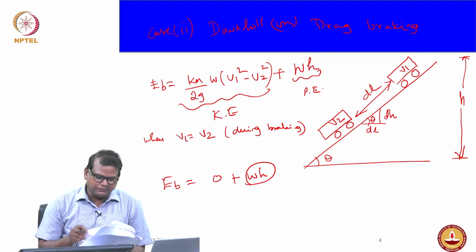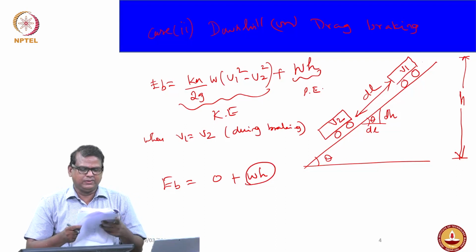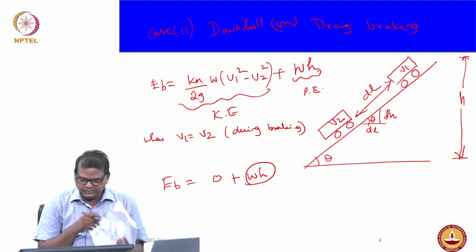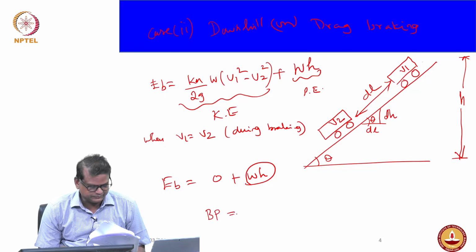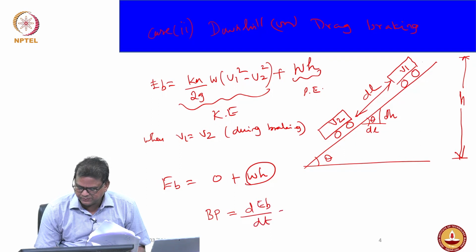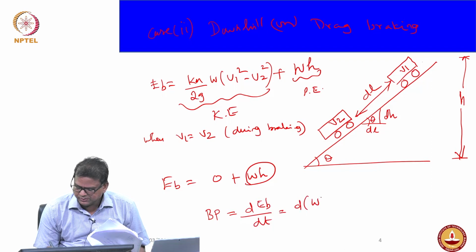Now we need to find out what the brake power would be. The brake power is nothing but EB by dt. EB we already know is WH, and dt.